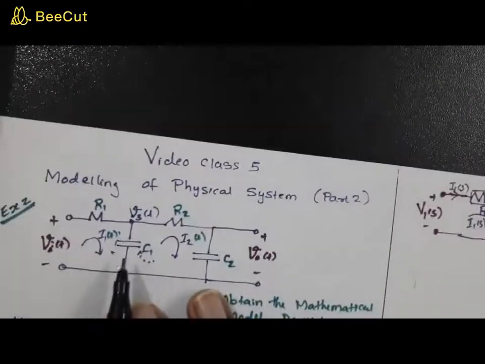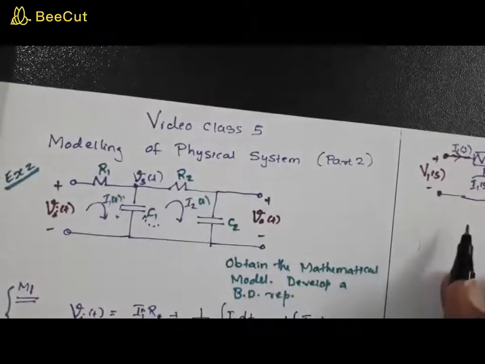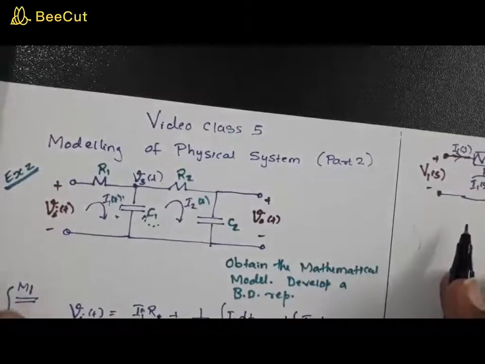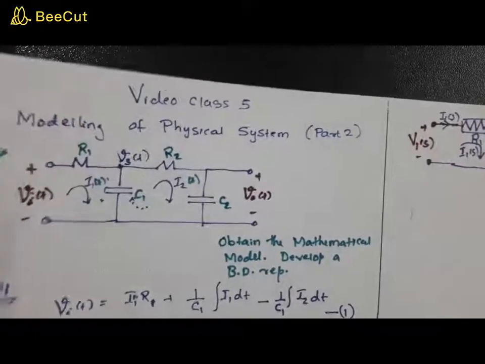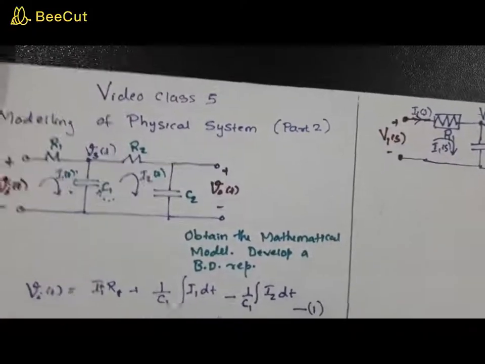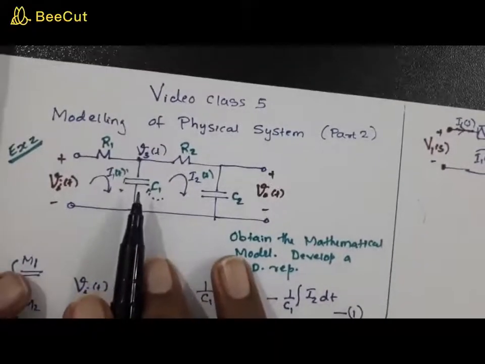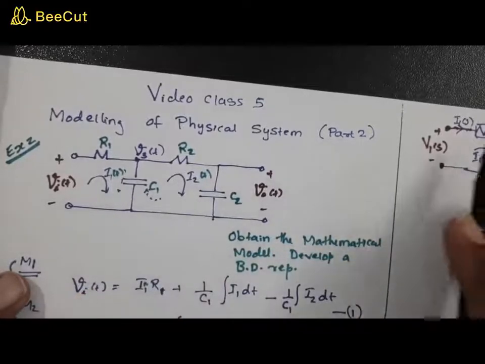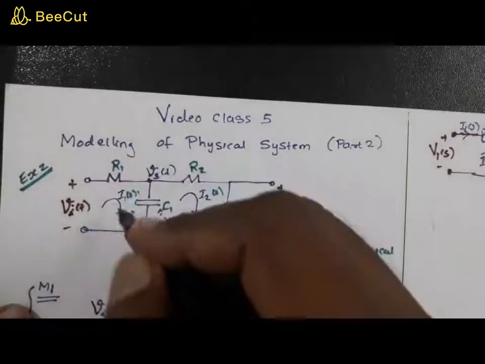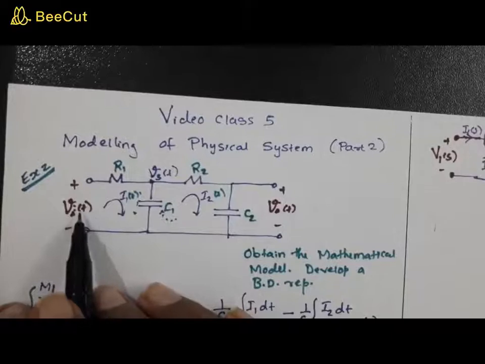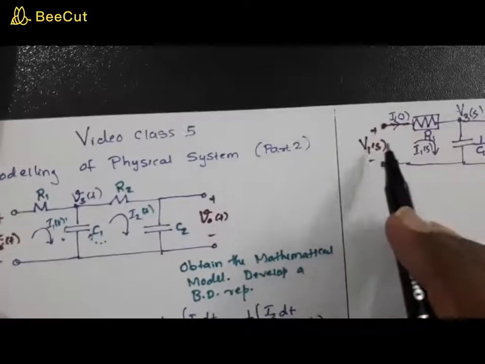So this is the circuit in time domain. It's very easy. After writing down, you don't have to draw this as I explained. You can just simply mark this as V1 of s. Here you have V1 of s.